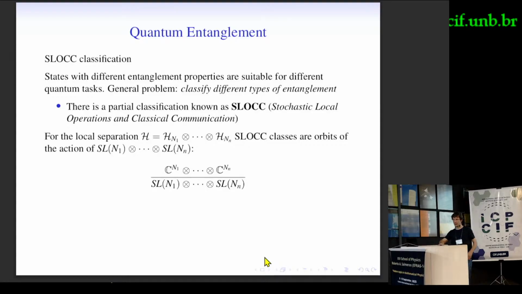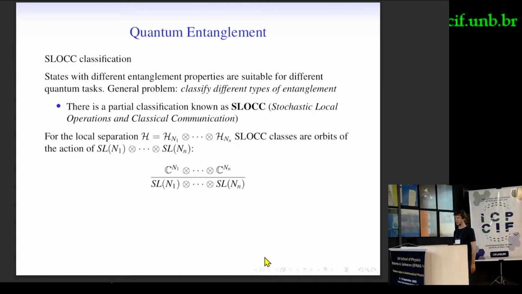So let's assume you have different subsystems and you have local operations, which means operations that can only act on these subsystems, but not on, let's say, any pair or any union of the subsystems.